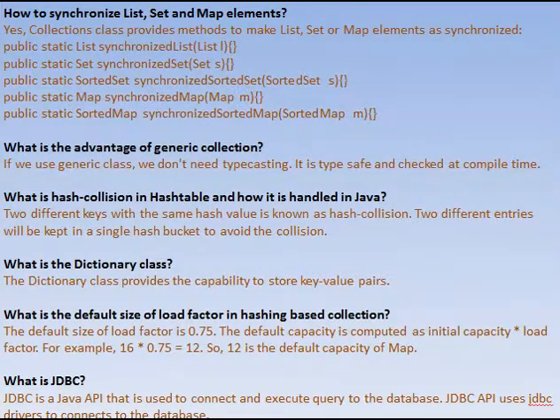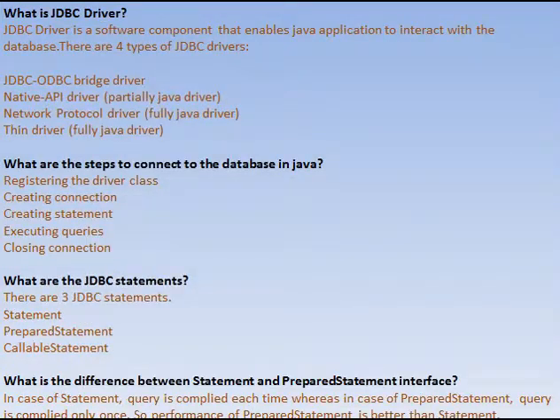What is JDBC? JDBC is a Java API that is used to connect and execute queries to the database. JDBC API uses JDBC drivers to connect to the database. What is a JDBC driver? A JDBC driver is a software component that enables a Java application to interact with the database.